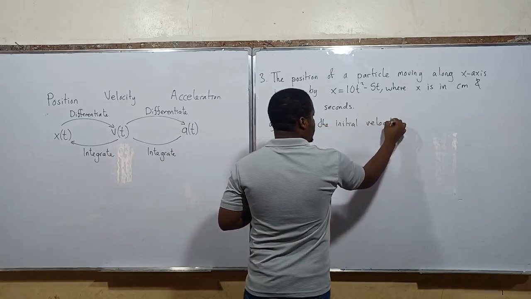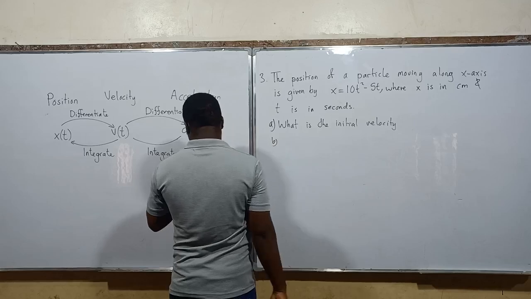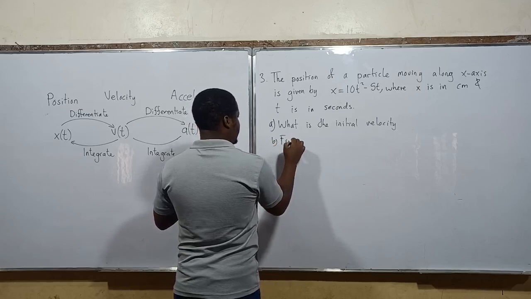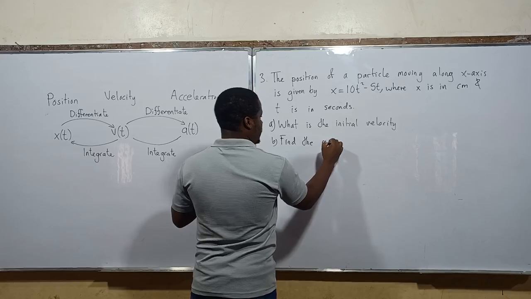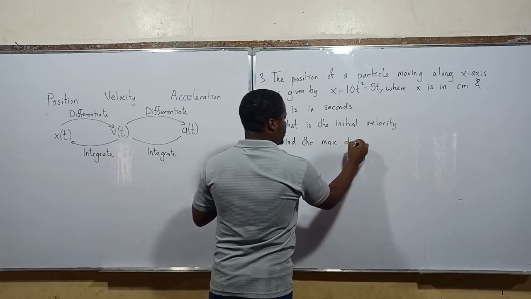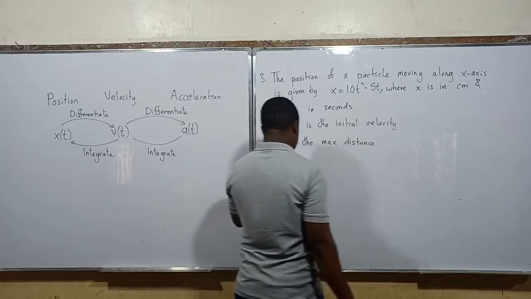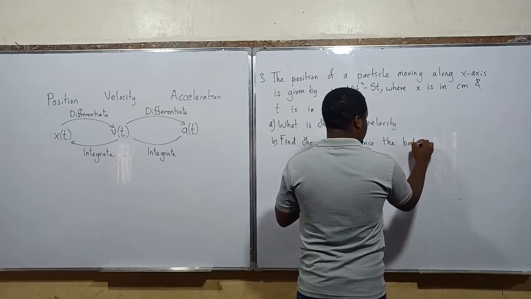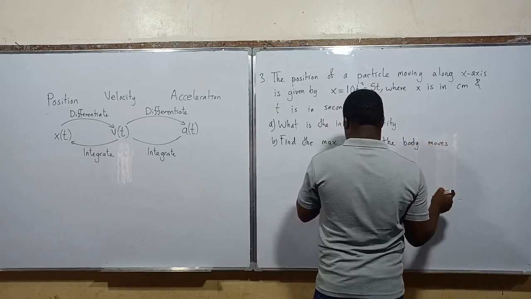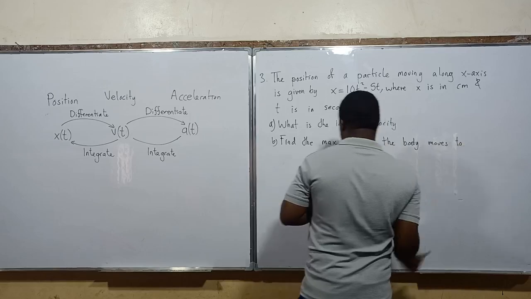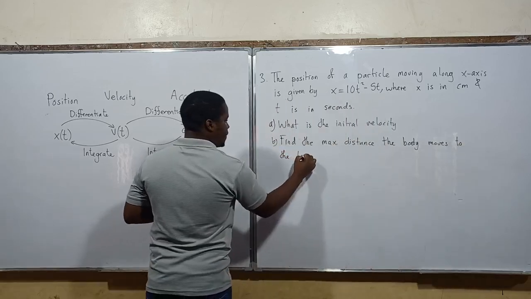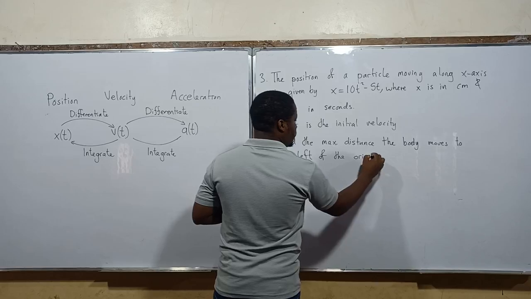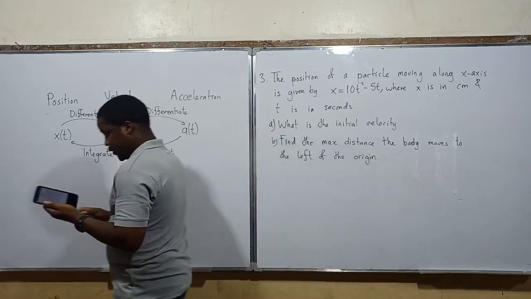Part B, find the maximum distance the body moves to the left of the origin. Yeah, so that's the question.